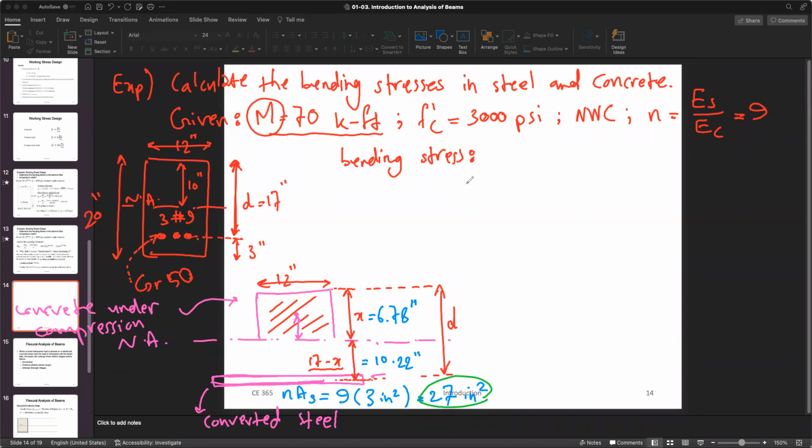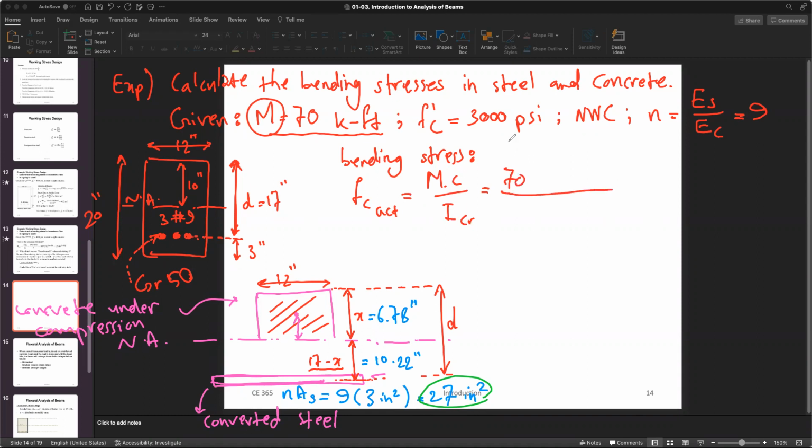For bending stress, let's put it in a better way. The actual bending stress of concrete would be Mc over I, using the cracked one.